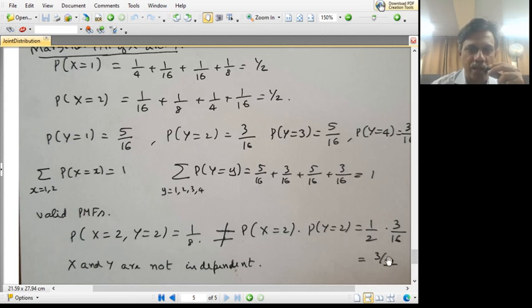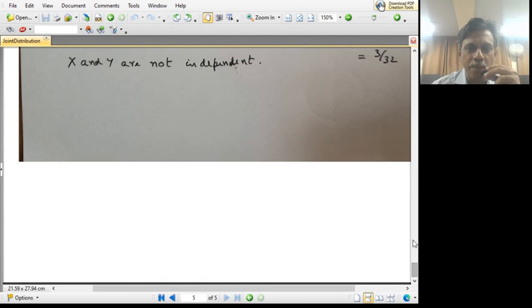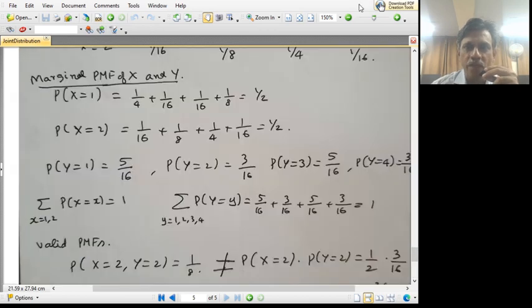So this is 3 by 32, and that is not equal to 1 by 8. So these two quantities differ. The probability masses don't simply get multiplied, therefore X and Y are not independent. So this tells how we can check for the dependence or independence of random variables. Thank you. We will stop at this point.